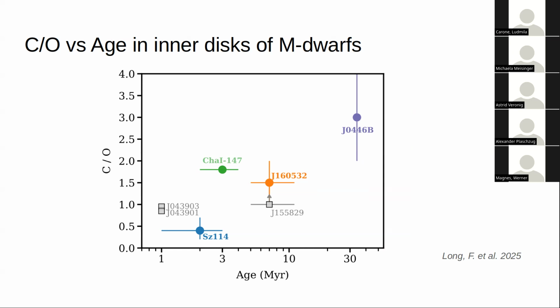Because the interesting thing, which you didn't mention, is that for these very low mass stars, why do they show these high carbon to oxygen ratios? The idea is that the disk evolution happens faster. If you scale with the orbital time, in the inner disk of these very low mass stars it is absolutely tiny. So you can imagine that the disk evolution, which lasts for a certain absolute time, is intrinsically faster.